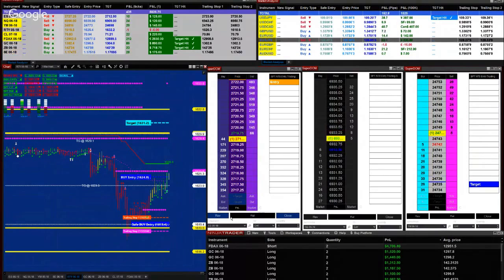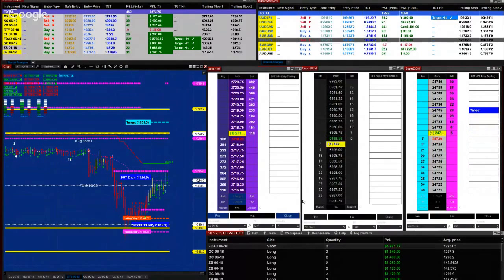The first DOM I'm testing is the ES. The one in the middle is Nasdaq, and the one on the right corner is the YM. This is a very advanced system.